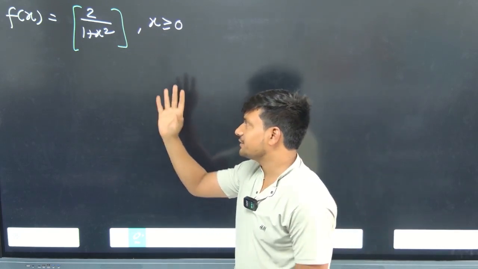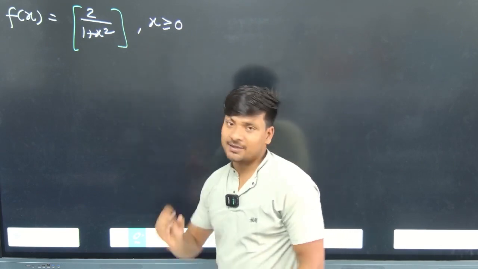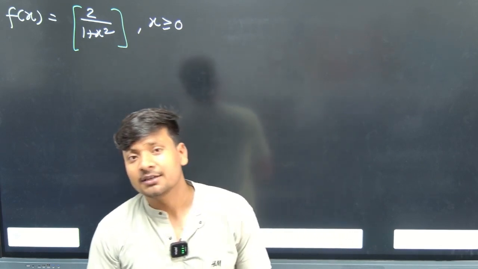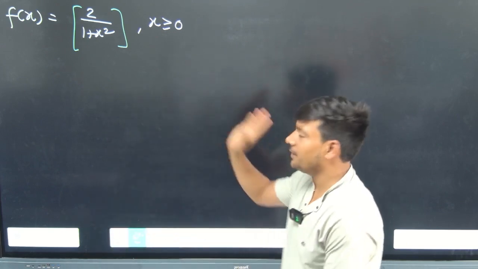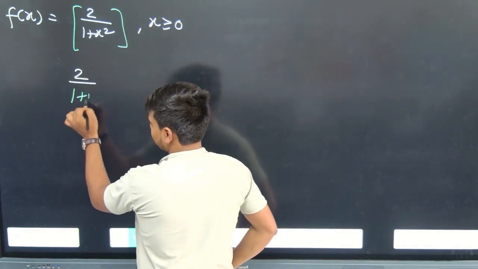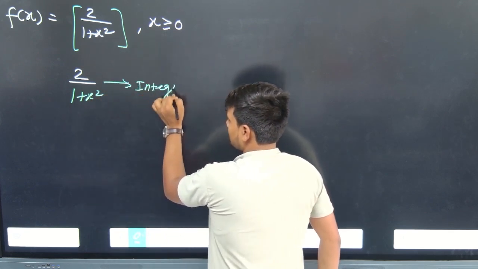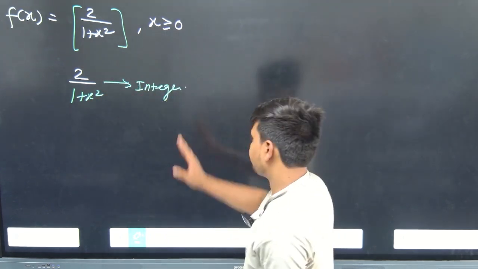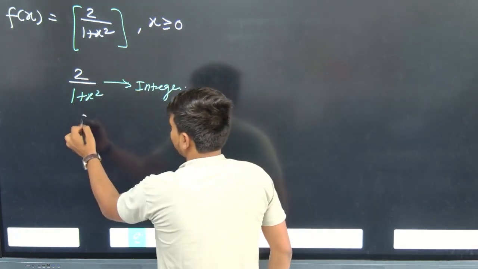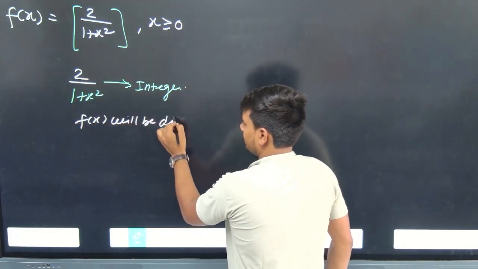Again, this is a greatest integer function, so whenever 2 upon 1 plus x square is an integer, then this function f(x) will be discontinuous.